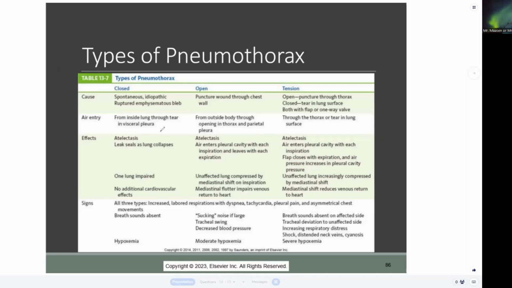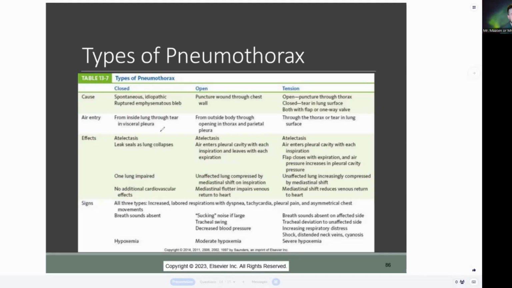More focus on, so closed would be spontaneous or idiopathic, meaning without really a reason. Sometimes you see this in young, thinner males that also smoke. Atelectasis can cause this. Puncture would be like a wound, like a stab wound or a puncture wound from a motor vehicle accident puncturing through the chest, because you've got to remember that the chest is a negative pressure system, meaning that the pressure is lower in the lungs.